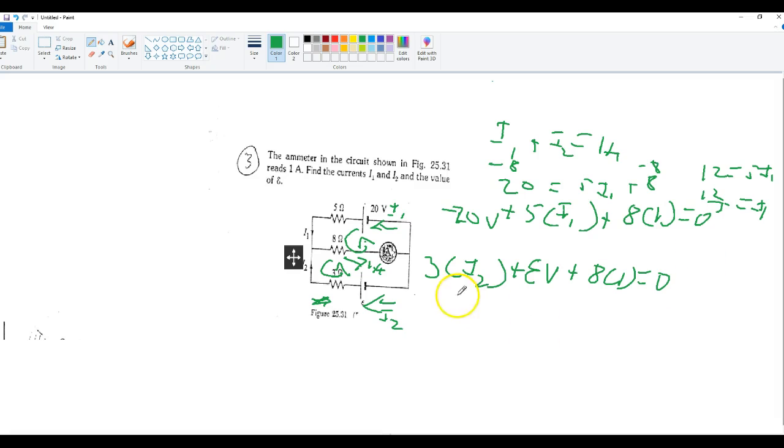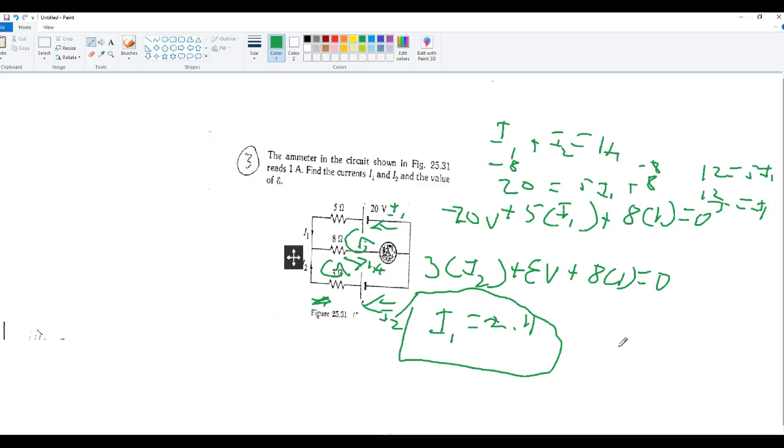So I1 is equal to 2.4. But wait, that's our I1. What is their I1? Our I1 is flowing this way, and it lines up with theirs, so it is theirs. Just always check. If our I1 were the opposite direction, we'd have to flip the sign, but it isn't. So this is exactly what I1 is.